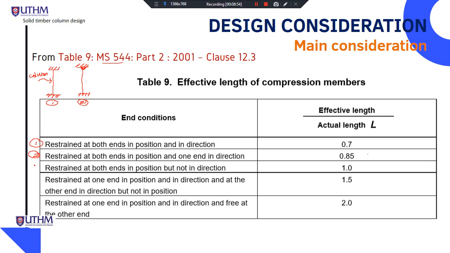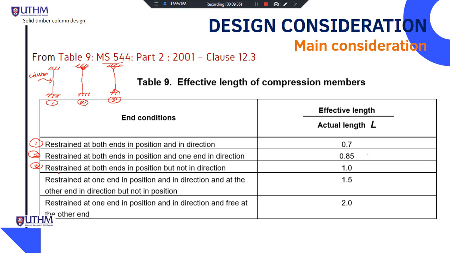The third end condition is restrained at both ends in position but not in direction. So this is the third case, where both ends are pin. Pin means the end of this column is restrained in position, it cannot move in position, but it can move in direction.